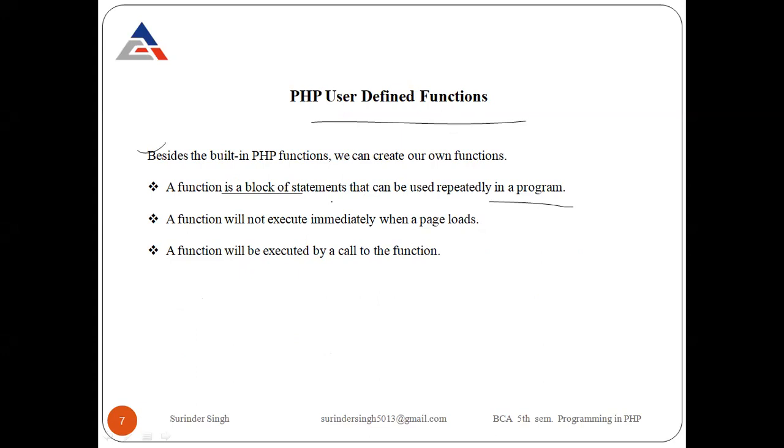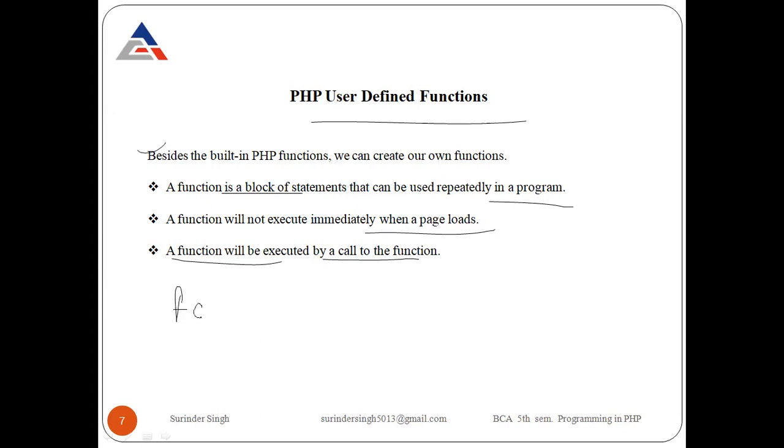Like we saw in the example of the static keyword, in that program we called that function 3 times. Clear? A function will not execute immediately when a page loads. A function will be executed by a call to the function. Clear? For defining functions, we have two parts, two components of a function.